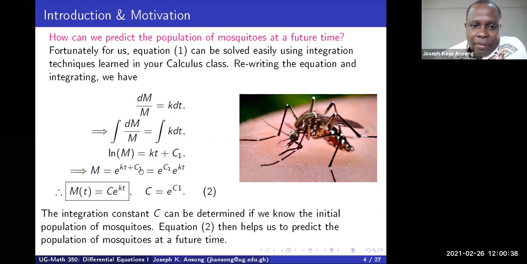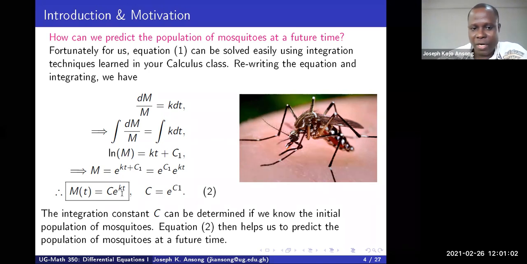Then you can solve for M as a function of t, and you have this equation here where this c is some positive constant. So M is given by this, which means that if I know what c is and I know what k is, I can project the population of mosquitoes at any time in the future.